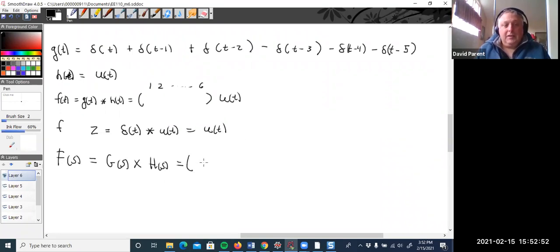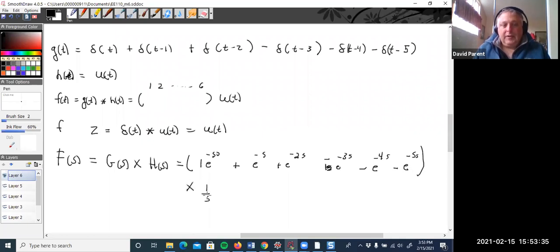The delta function becomes 1. There is an e to the minus s 0, so it just cancels out. Times 1 over s.